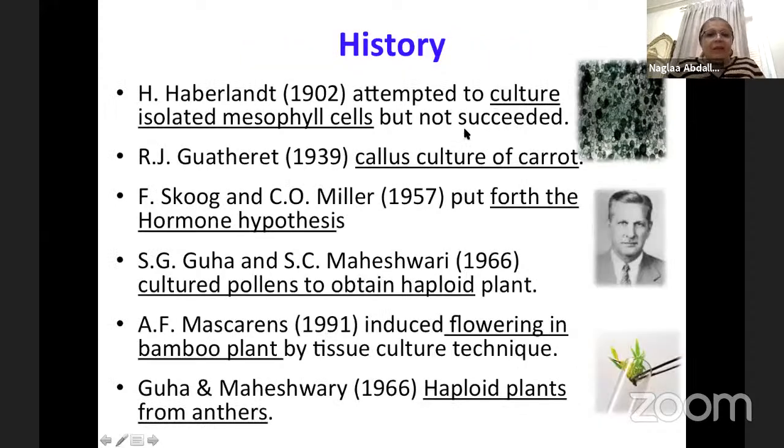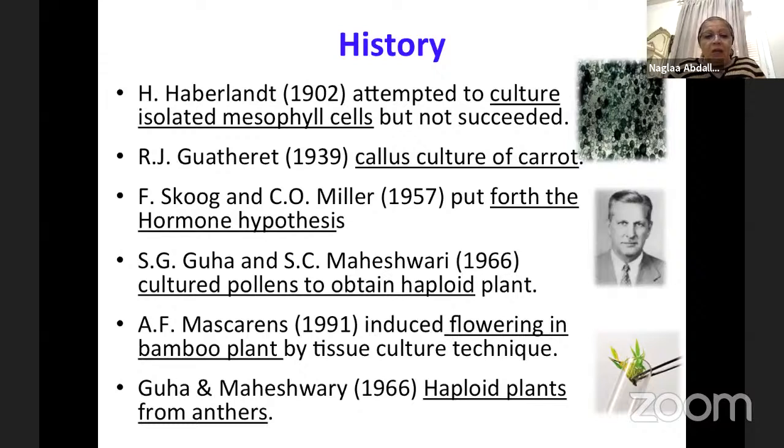For the historical part, I don't want to go through it because it's a little bit boring. The first trial was in 1902. They tried to cultivate meristematic cells, but they failed. In 1939, callus was developed by Gautheret from carrot.